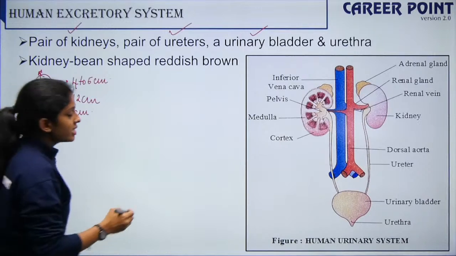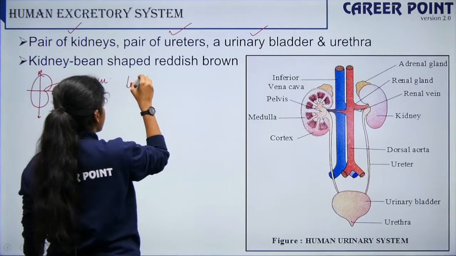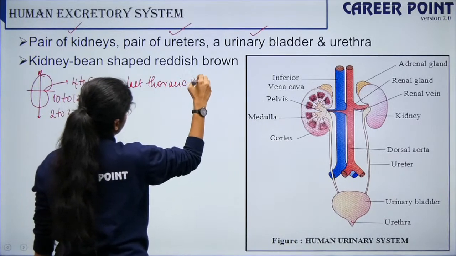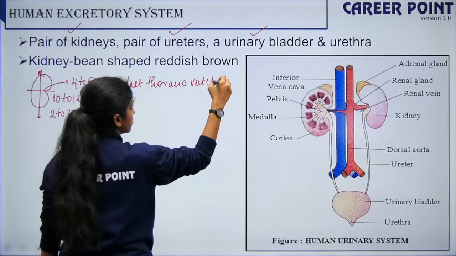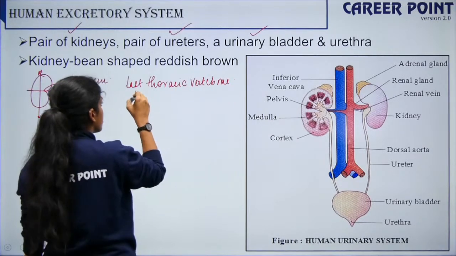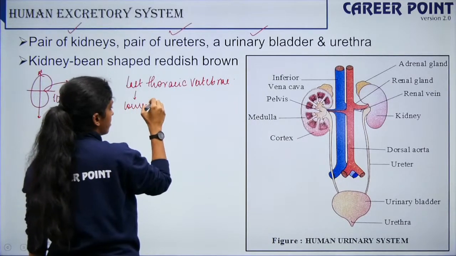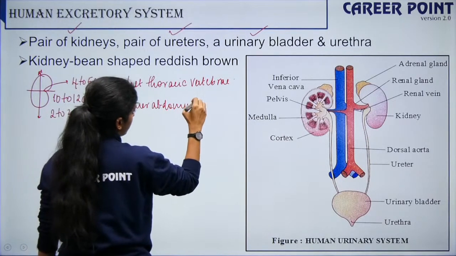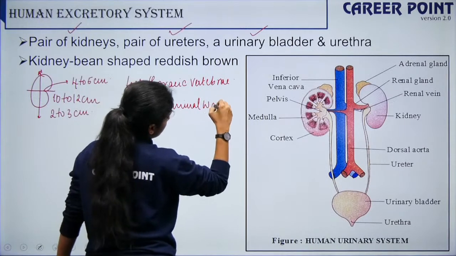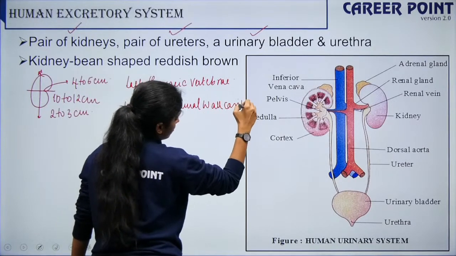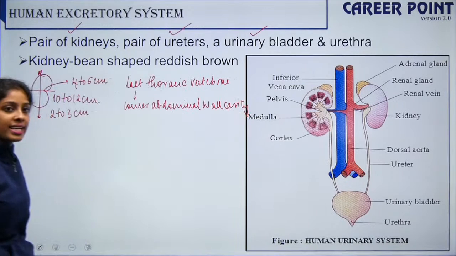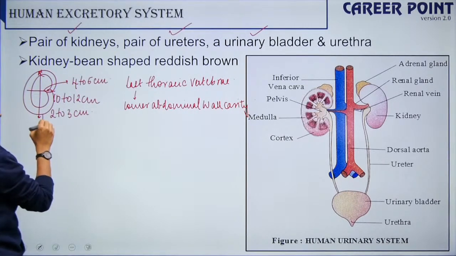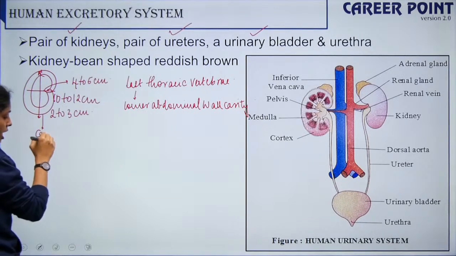It is located towards the last thoracic vertebrae, and it is attached to the lower abdominal wall cavity. Fine. Your kidney is covered by a tough capsule like this. It's covered by an outer layer that is called the capsule.